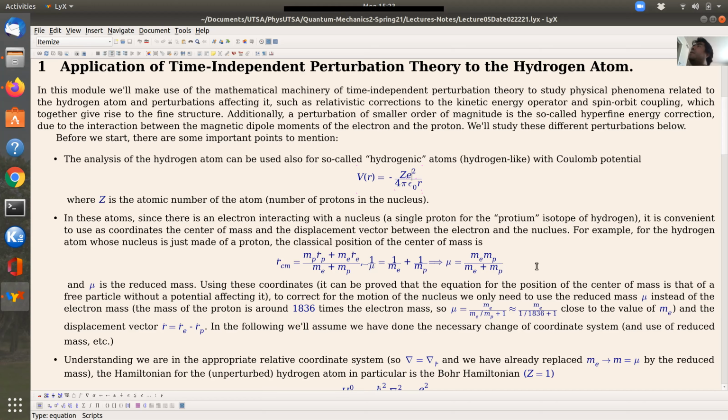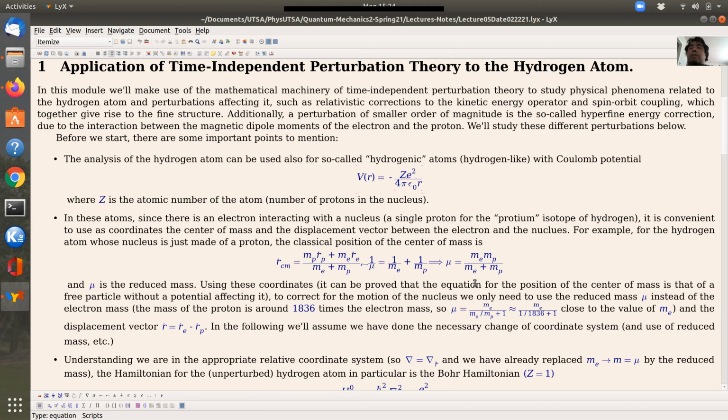If you do this change of coordinates, what you'll find is that the Schrodinger equation for the center of mass is that of a free particle. This indicates that the center of mass is moving at a constant speed without a potential affecting it.